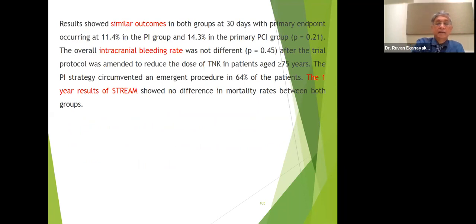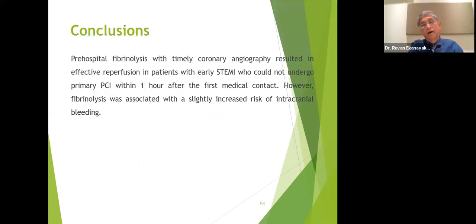So this is an excellent treatment strategy for third world countries such as ours, where cath lab facilities and helicopter transfer of patients to PCI-capable centers are not available.